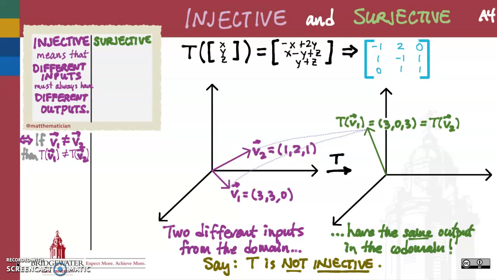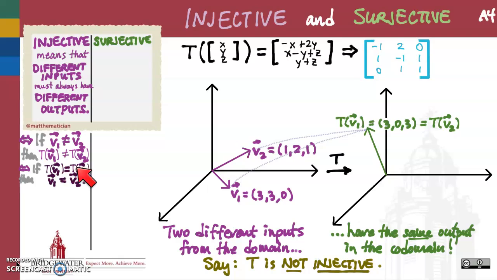If the inputs are different, the outputs must be different if our linear transformation is injective. But this is a difficult framing to work with because of the unequal to signs. So we often like to turn it around using the contrapositive of this statement, reversing the order of implication and also negating each of the propositions. And that looks like this. If the image of v1 and v2 is the same, then that must have meant that the original vectors in the domain were the same.